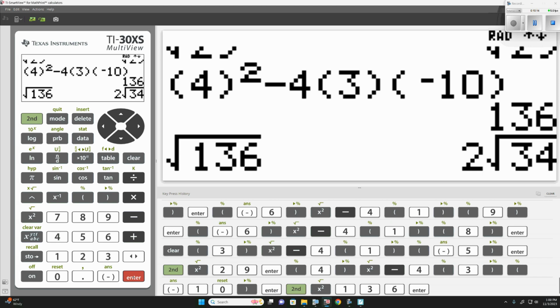Now, the reason I don't do it all at once is because the 30XS will simplify radicals, as long as what's inside the radical is not what? Negative. Because if what's inside the radical is negative, we have our imaginary numbers, it's going to throw it out. And if it throws it out, it means I have to retype the whole thing in without the radical to see what it is.